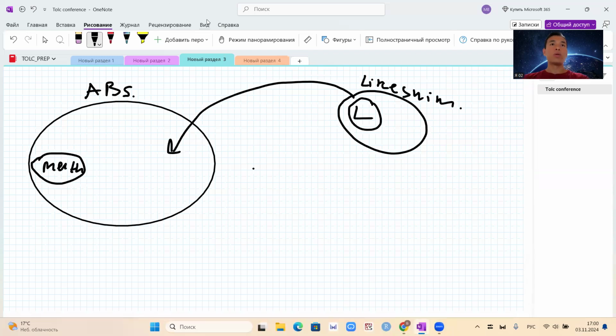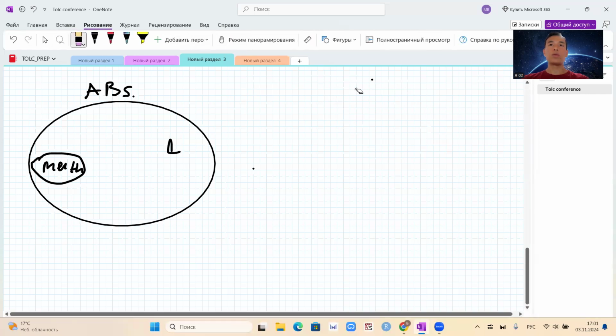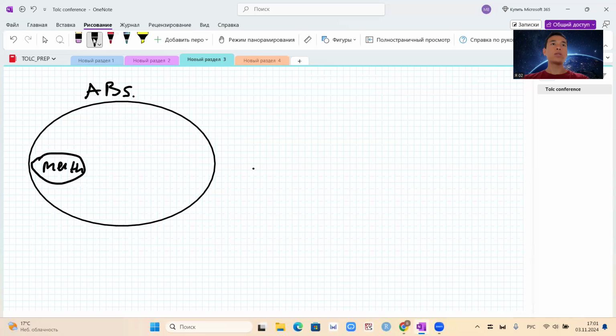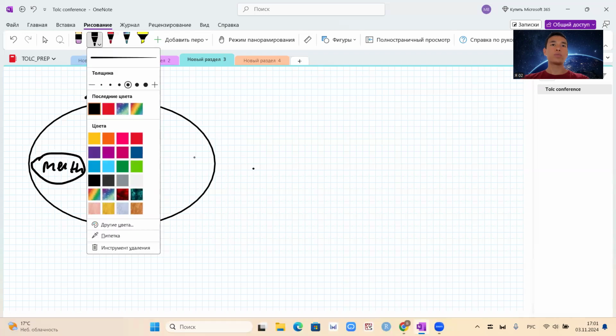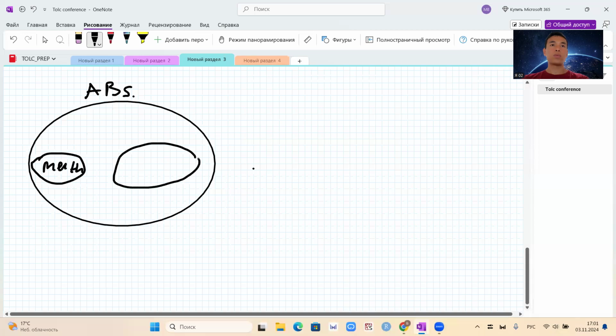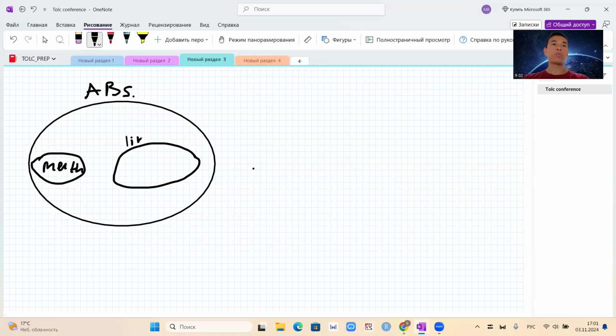So we will write it here inside, and we will have people who like to swim, and Lewis. They are both inside the absent-minded people.